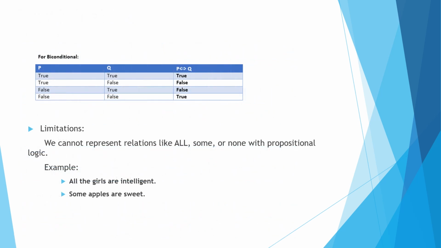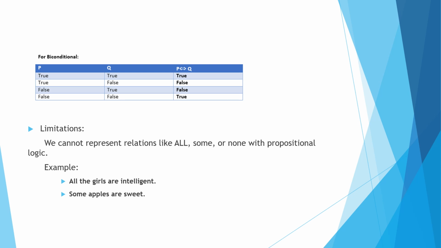The last logical connective is biconditional. In this logical connective, we take two statements P and Q. If the P statement is true and the Q statement is true, when we apply the biconditional logical connective, the statement will be true. When the P statement is true and the Q statement is false, after applying the biconditional connective, the statement will be false.